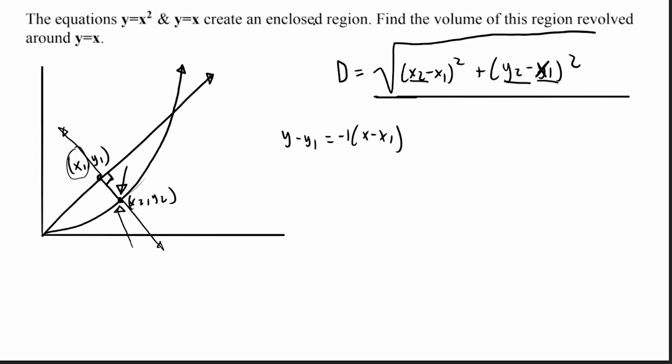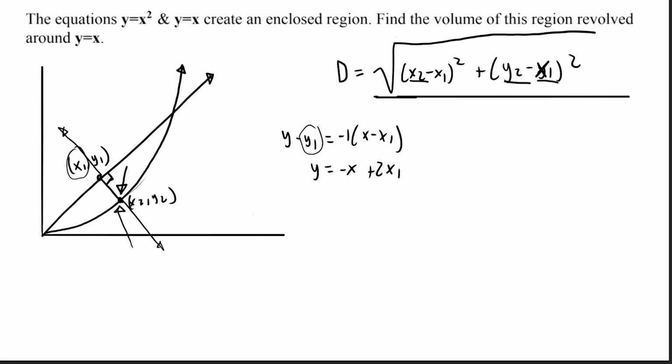And again, y1 equals x1, because of the line y equals x. So isolating for y, we get y equals negative x plus 2x1. Now we have the equation for the perpendicular line going through the variable point x1, y1.